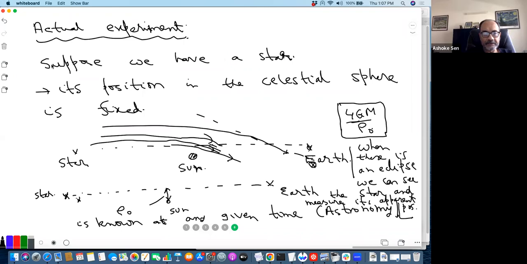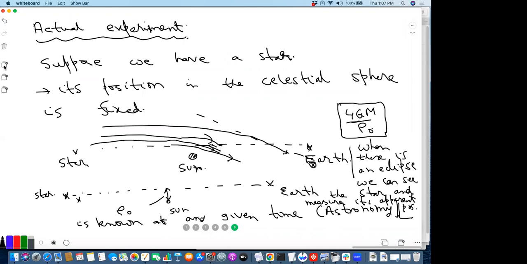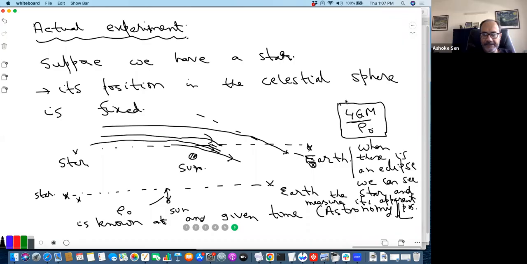Any other question? As rho 0 tends to 0, for example, this angle delta phi goes large. But this expression has been derived assuming that 4 GM over rho 0 is small. We cannot really trust this when 4 GM over rho 0 is large.